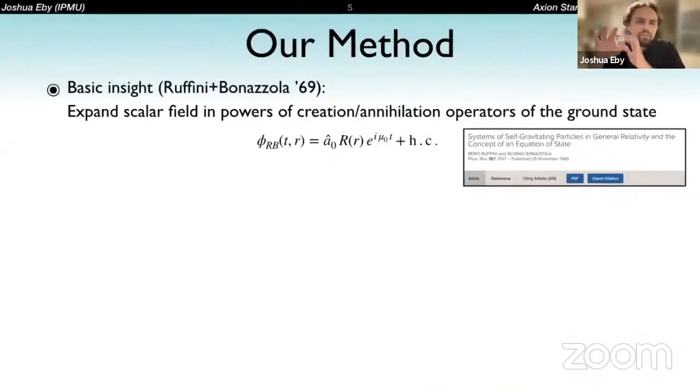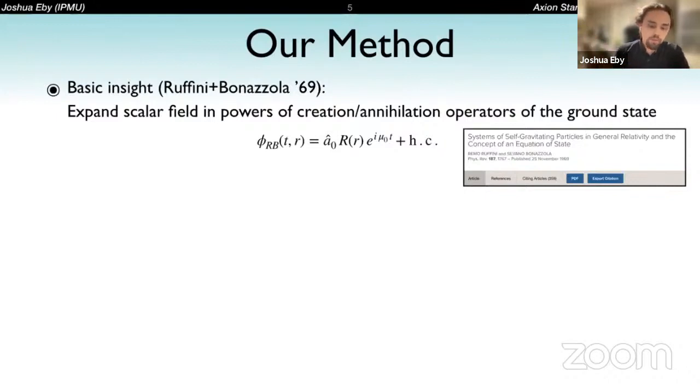Okay, let me just give you one slide about our method because it's fairly technical, but we can just get to the punchline pretty quickly. So the basic insight behind our method is to be found in one of the earliest papers on boson stars from Ruffini and Bonazzola. The way that they characterized boson stars was by starting with the full Einstein-Klein-Gordon equations and then expanding the scalar field phi linearly in creation and annihilation operators, and then dropping any term that was not the ground state.